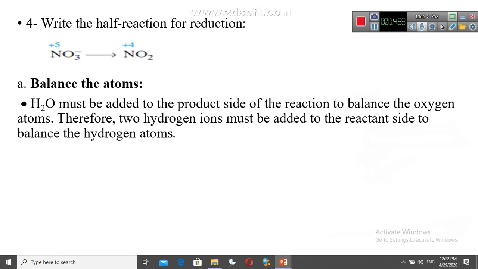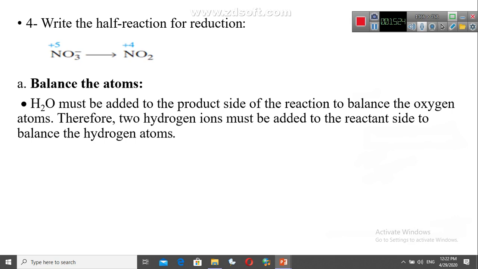NO3 is greater than NO2 by 1 oxygen. Then add water molecules to the side that has the lower number of oxygen. So water molecules H2O must be added to the product side of the reaction.